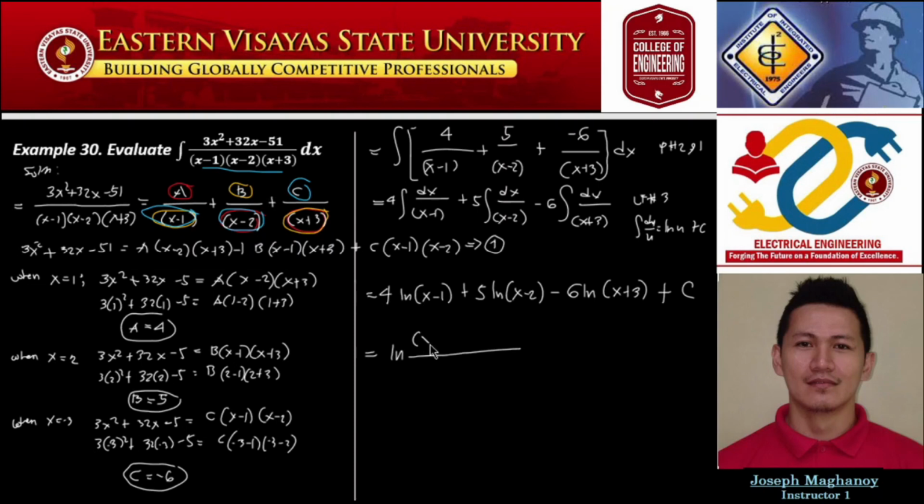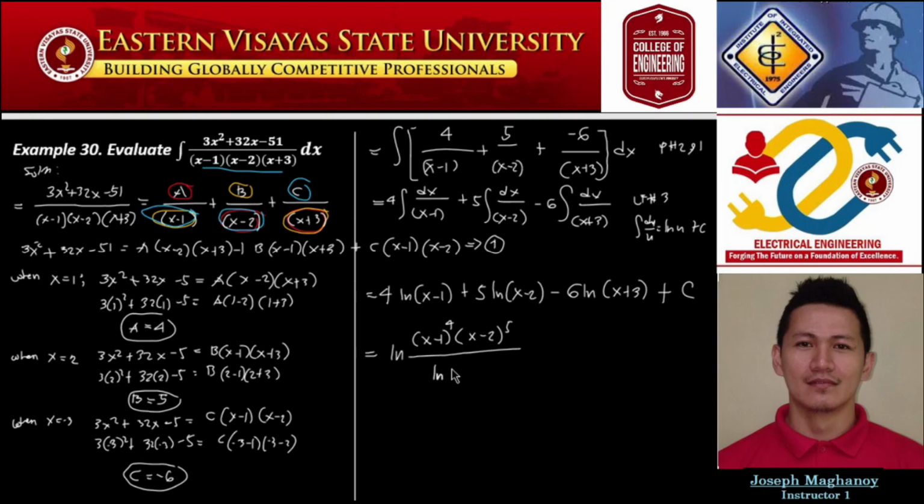This is x minus 1, raised to the power 4, and here the same, x minus 2 to the 5th, and the negative goes to the denominator.